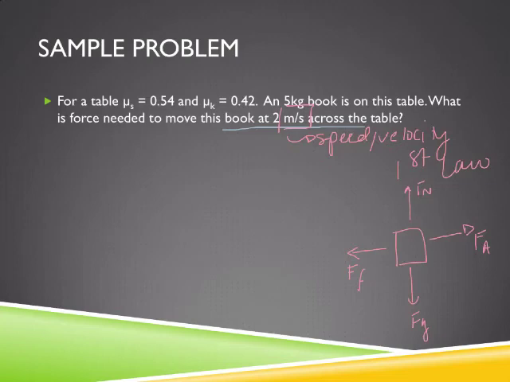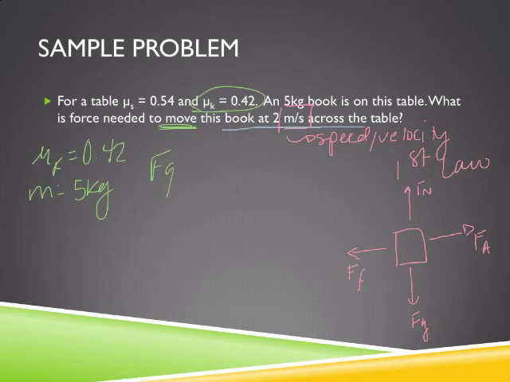So now let's go through the information that we have. It's similar to last time, except now we are moving the book, so that means that mu k is the coefficient of friction we want to deal with. Then mass is still 5 kilograms. And it starts out the same way as last time. We need to start finding some of our forces. Easiest one to find is force of gravity.